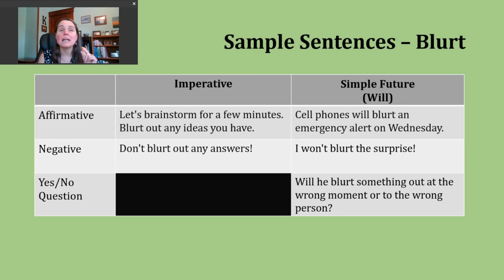And there is something a little special or unique about the imperative. We will not have a stated subject. So we're not going to have a pronoun or a noun or maybe the name of a person, place, or thing as our subject. We're just going to begin our affirmative or positive sentences with the base verb.